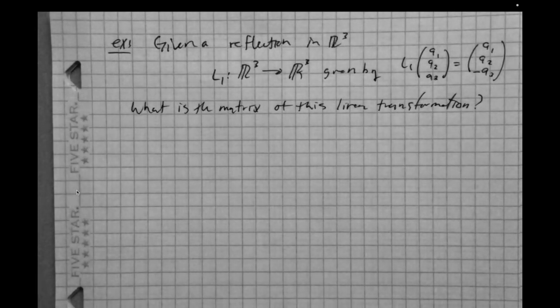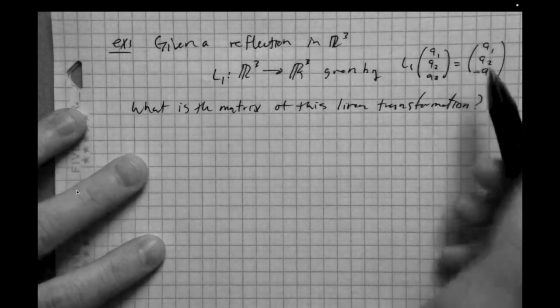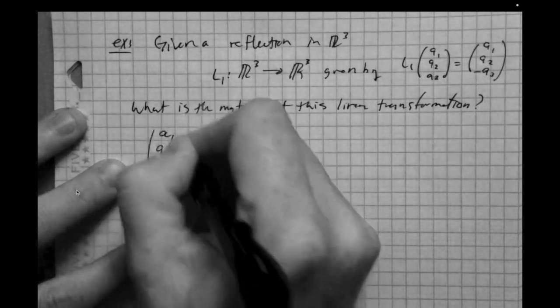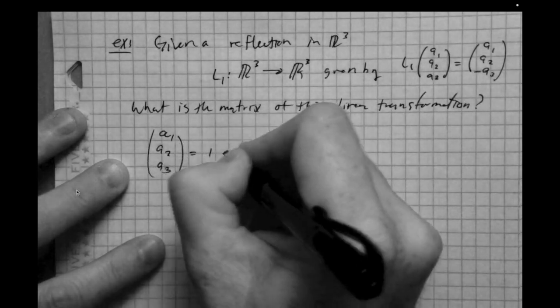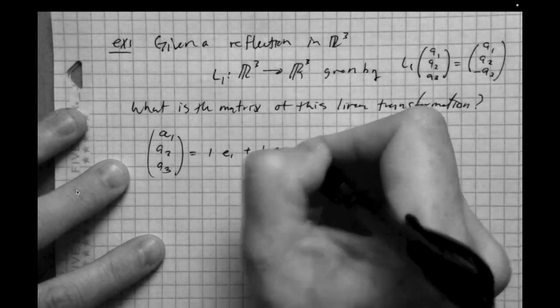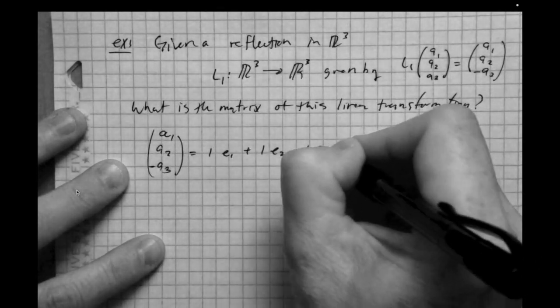We're just going to say with respect to the standard basis. If I coordinatize this using the standard basis, I could say A1, A2, A3 is equal to 1 times E1 plus 1 times E2, oh sorry, minus 1 times E3.